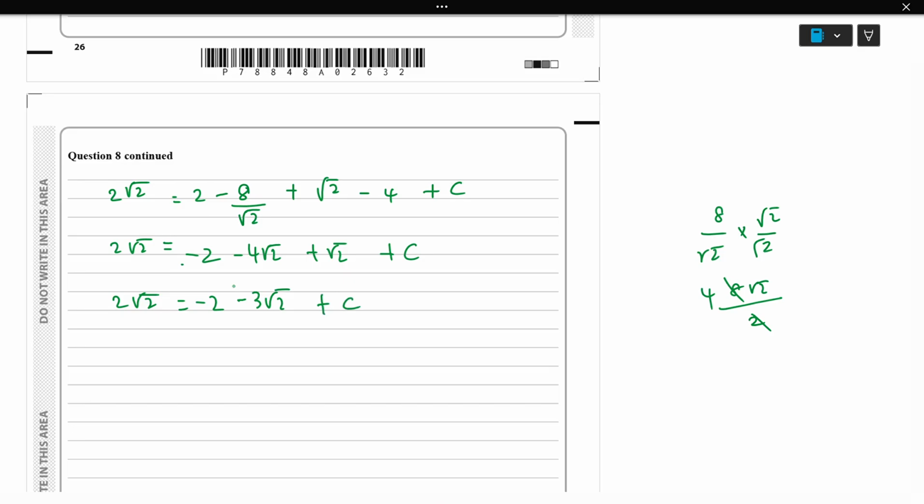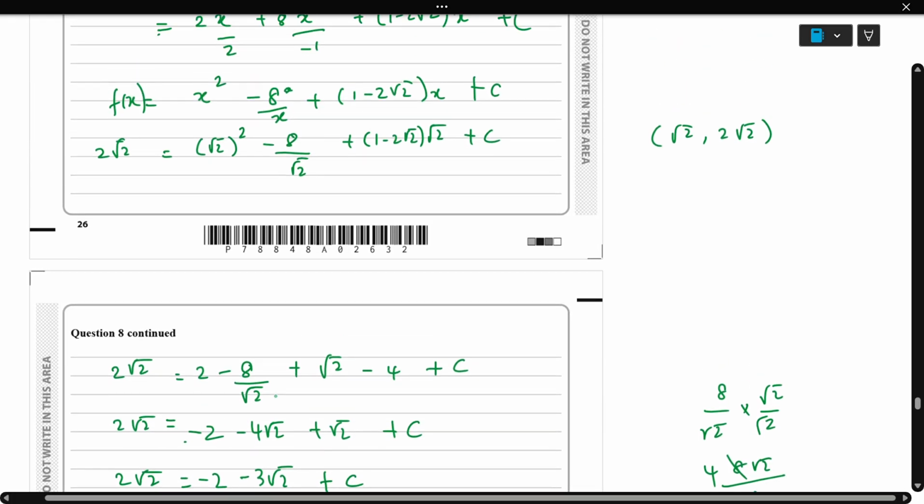Now I'll bring everything to this side. 2 root 2 plus 2 plus 3 root 2 equal to c. So 2 plus 5 root 2 equal to c. We got the c value.